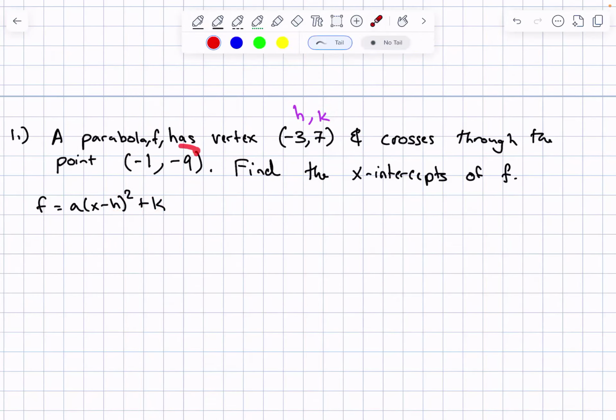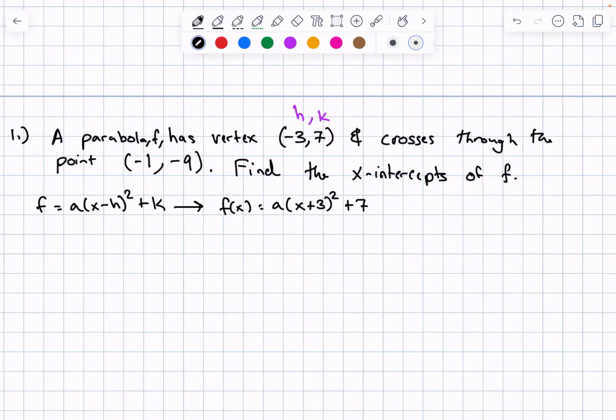Then I can use the given point, plug it into the equation, and find the corresponding a value, as you'll see in a moment. From the vertex, I now know that f of x is equal to a times (x plus 3) squared plus 7, because it's x minus h, so minus negative 3 is plus 3. Now, this point tells me that f of negative 1 is equal to negative 9.